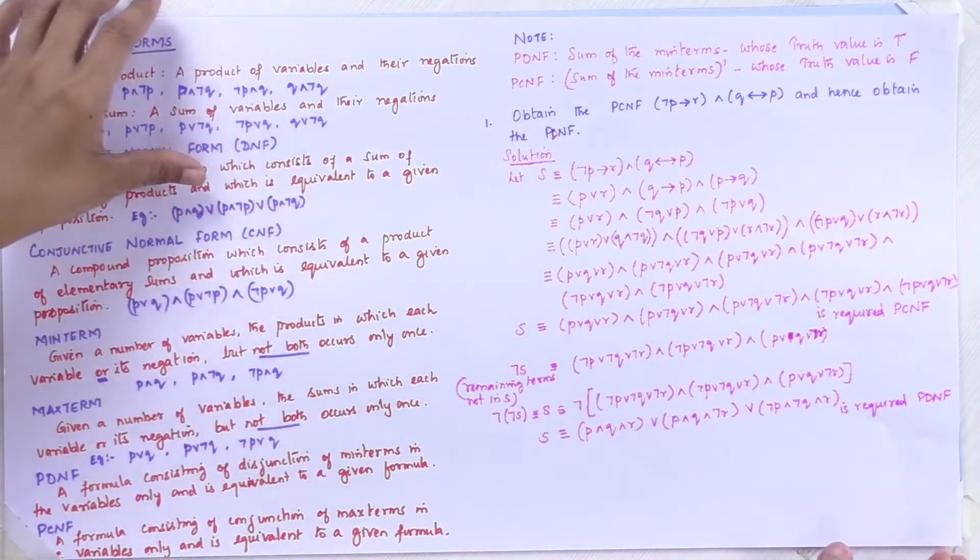And next, for the same problem, we will make use of the truth table to find out the PCNF and PDNF, and we will cross check whether this agrees with the other method or not. We will see that now.